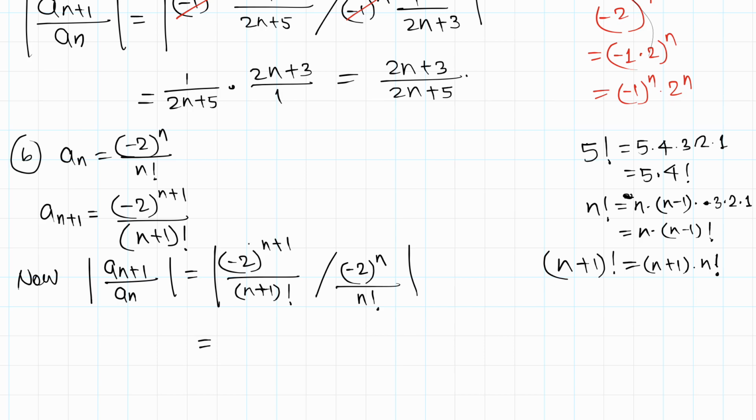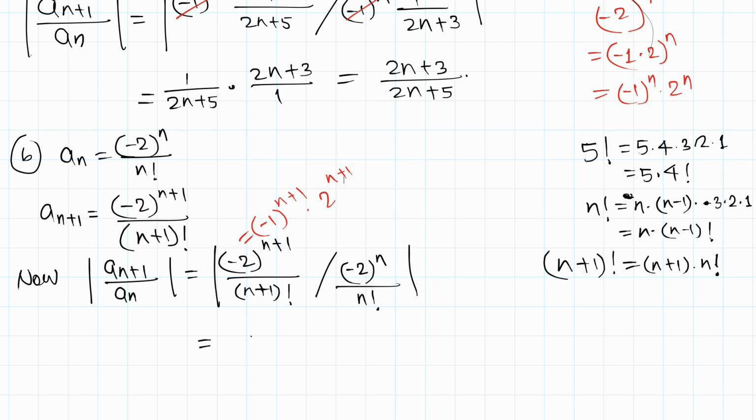Okay, last time we had negative 1 raised to something, and the absolute value would be 1, but it's a negative 2. So we can regard this as negative 1 raised to n plus 1 times 2 raised to n plus 1, and same thing here.